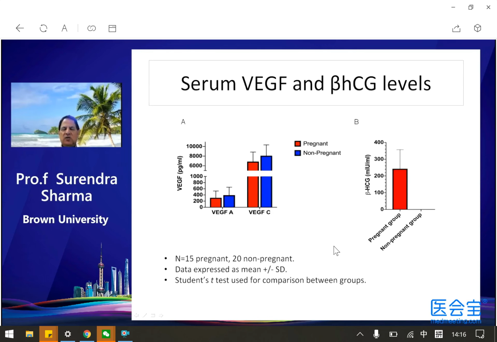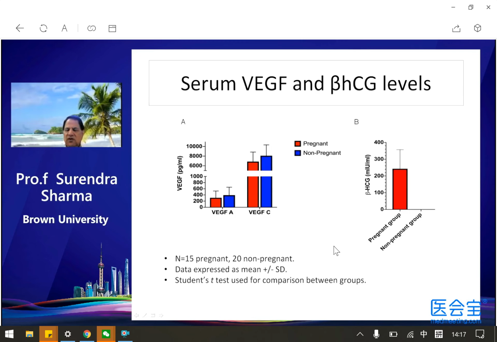That led us to characterize, we had published in the past that VEGF-C could inhibit cytotoxic activity of peripheral blood NK cells. So we compared production of VEGF-A and VEGF-C in pregnant versus non-pregnant women, and we did not find any difference. Of course, the pregnant group had HCG and the non-pregnant group did not have HCG.